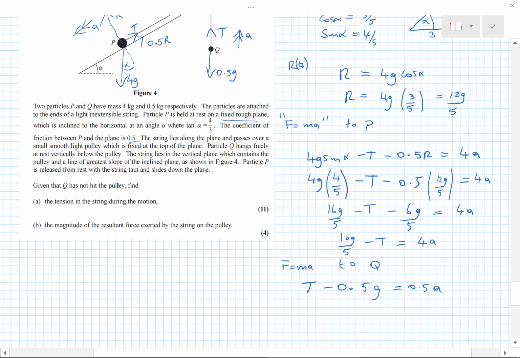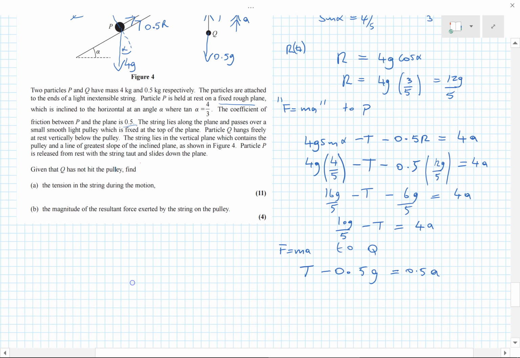Normally we're asked for the acceleration in these questions, so we'd add the two and work out the acceleration first and then put back into T, which you can do if you want, but we can see easily here that I can double this to get an expression for a, and substitute. So 2T minus g is equal to a.